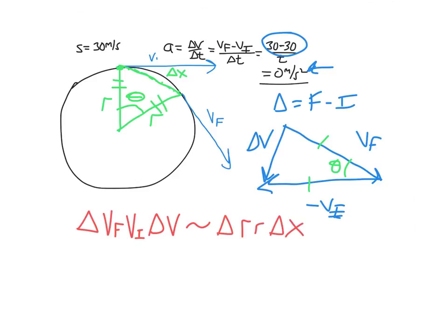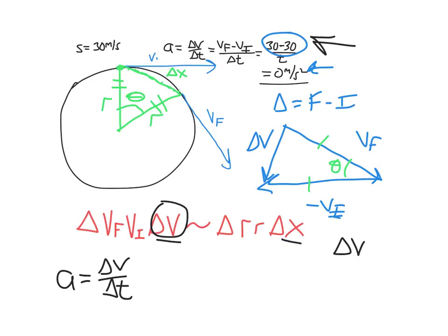Remember, what we're looking for is the acceleration, which is equal to delta v over delta t. Our problem before was that doing delta v with just the numbers, we got 0. So we have to look at this a different way and figure out what this delta v is. I can set up a proportion comparing these similar triangles.